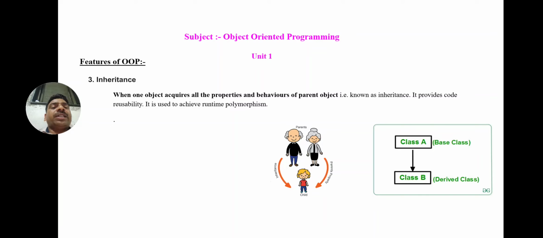Our grandparent has our father and uncle. These are the next generation. Then we are the third generation. Here you can observe class A is the base class and it is inherited by class B. That means our grandparent is inherited by our parents and our parents are inherited by us. So these are the derived classes.